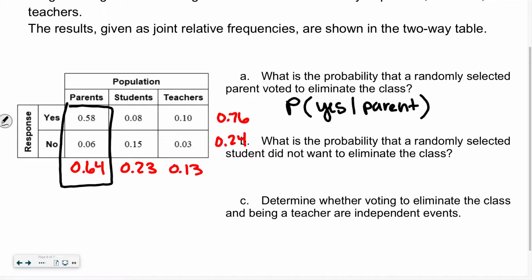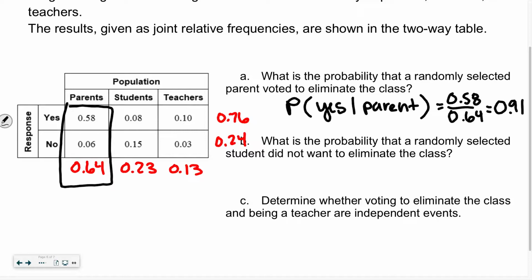So we would take 0.58 divided by 0.64. Did anybody get that as a decimal for me? 0.906. I'm going to put 0.91. Okay. So 91% of the parents voted yes if you randomly select a parent.